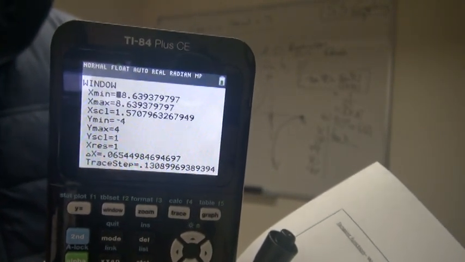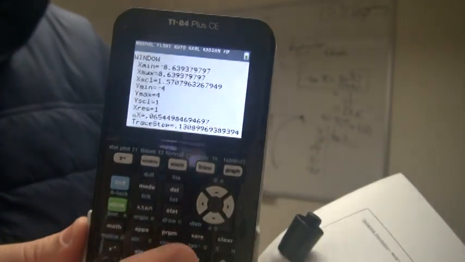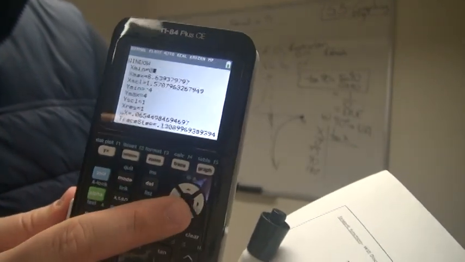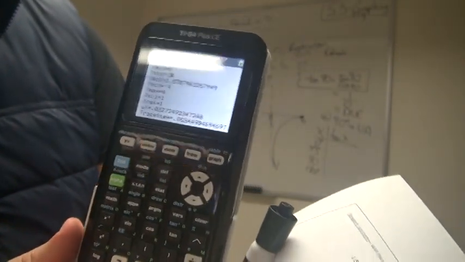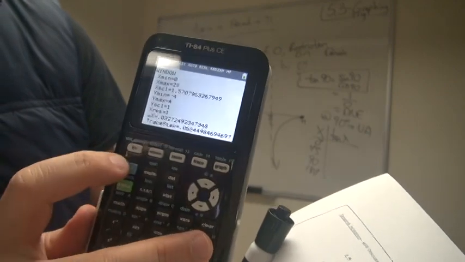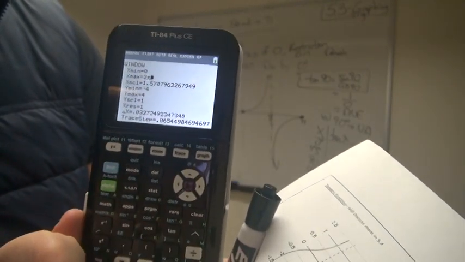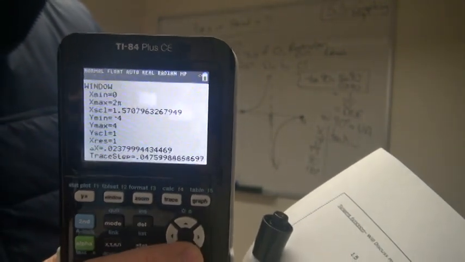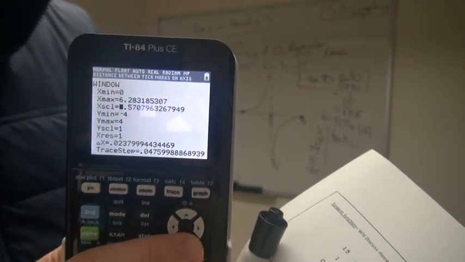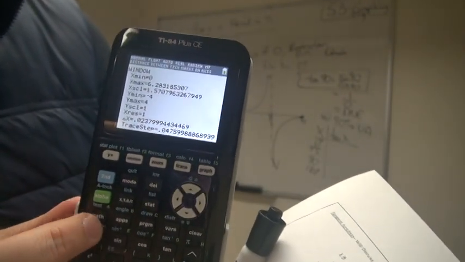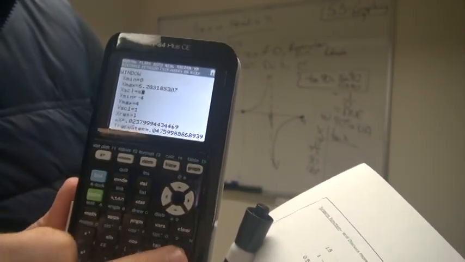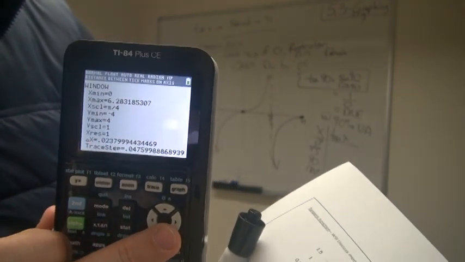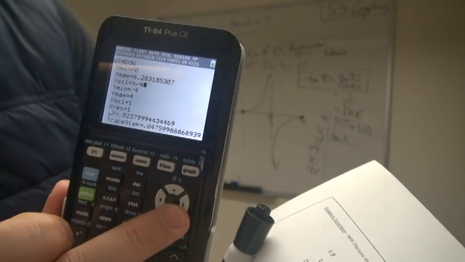If I want one full cycle of sine, and I know sine goes from 0 to 2 pi, I can put an x min of 0 and an x max of 2 pi, which is right above the caret top. So second caret top gives me pi. I can plug in 2 pi, and then for the x scale, I'm going to do second pi divided by 4. I want it to go by pi over 4, or 45-degree increments.